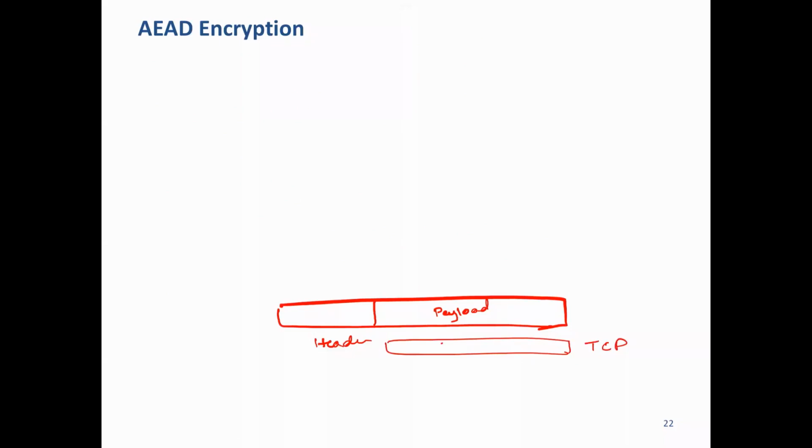TCP packet will also have some header and then some contents, and TCP packet may internally contain some data. So the actual useful thing is the data, and then the rest of things are headers, right? Now all right, so forget about TCP. Just look at IP packet.